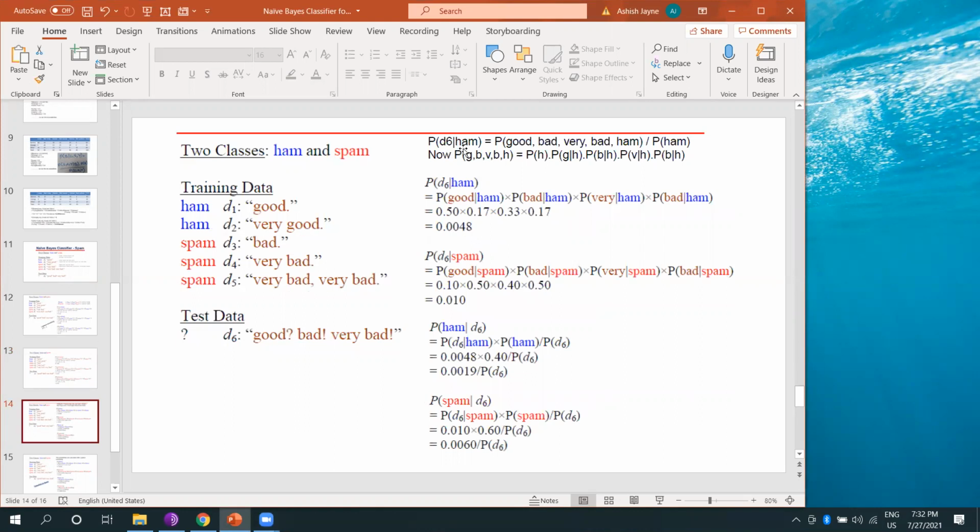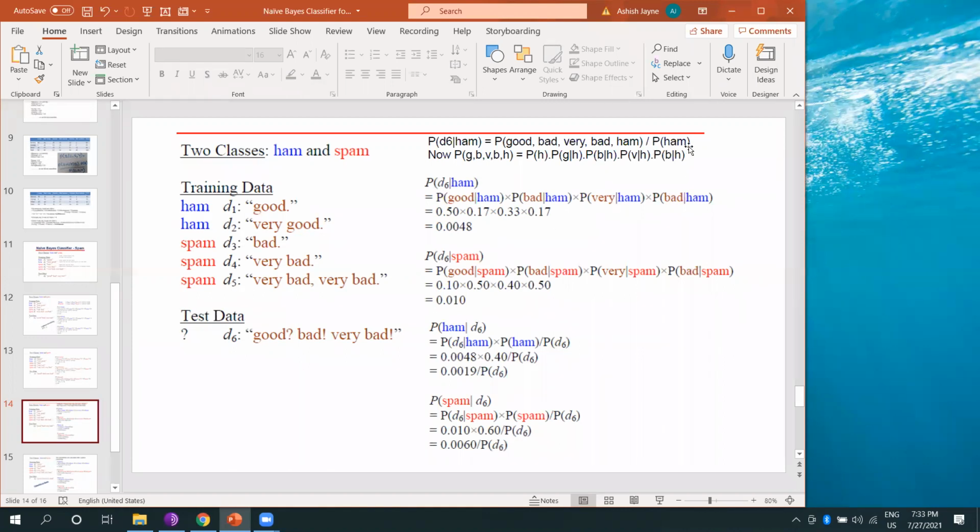Now we use these probabilities again. P(d6 | ham) is equal to P(good, bad, very, bad, ham) all together divided by P(ham). Now P(good, bad, very, bad, ham) is equal to P(ham) multiplied by P(good | ham), P(bad | ham), P(very | ham), and P(bad | ham). Now if we put it in the equations, we are not considering the denominator here.